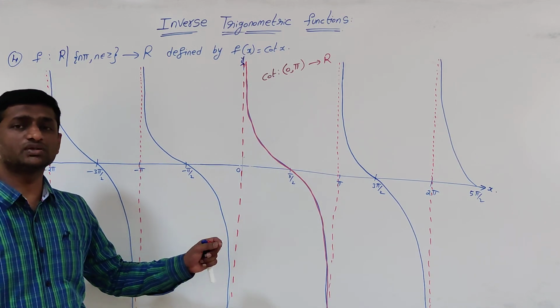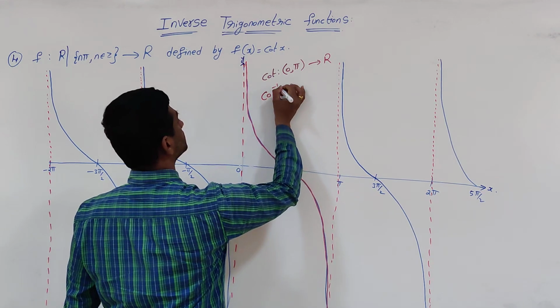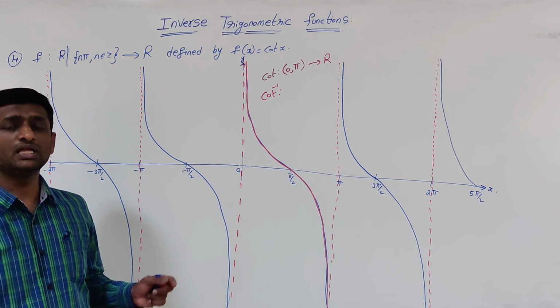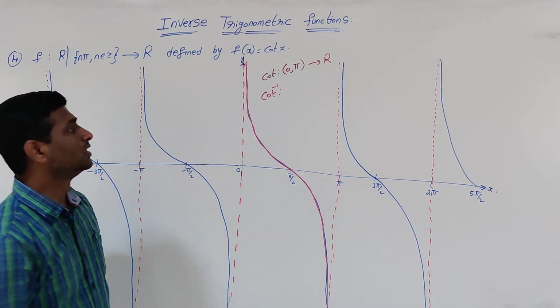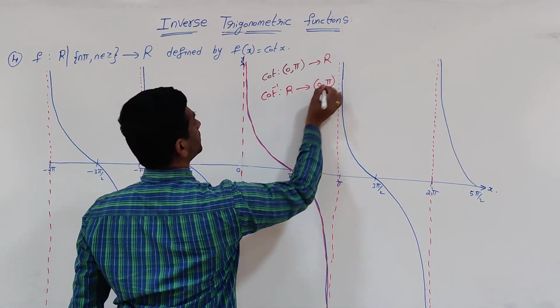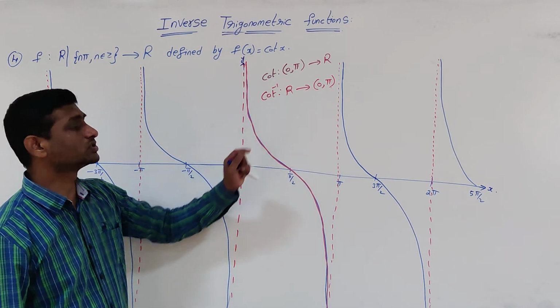If it is a bijection, the inverse exists, and that is cot inverse. The domain will be R, and the range will be the open interval 0 comma pi. So this is the domain and range for cot inverse of x.